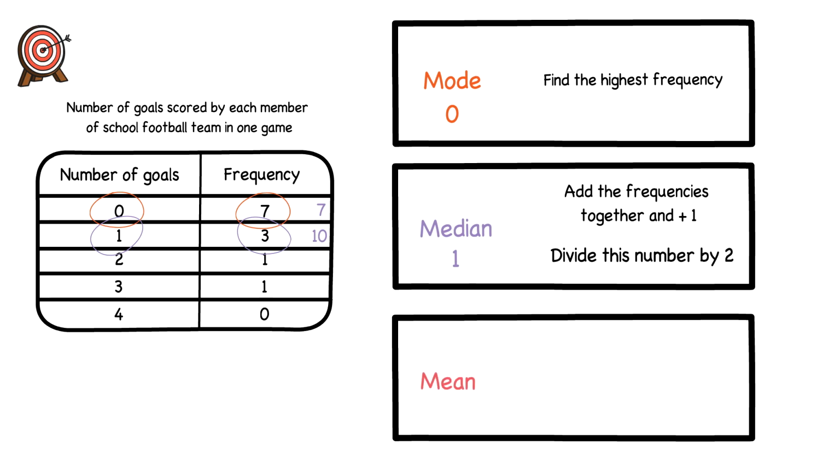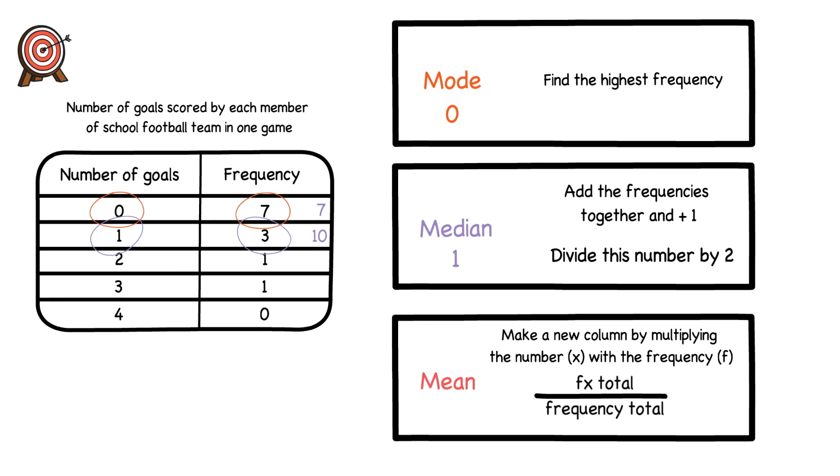In order to calculate the mean, you make a new column by multiplying the number with the frequency, which would make an fx column. Once you've calculated these, you calculate the total and divide it by the total frequency. In this case, 8 divided by 12 would be 0.67, and that would be our mean.